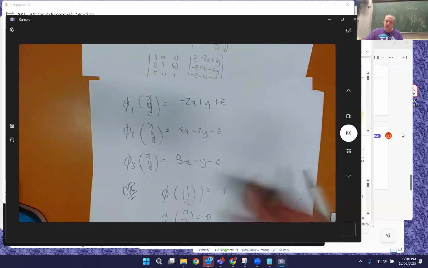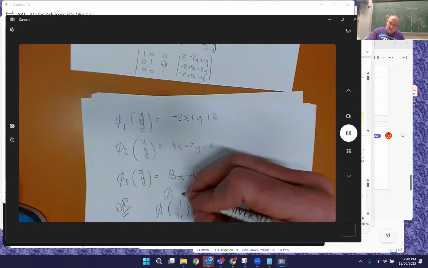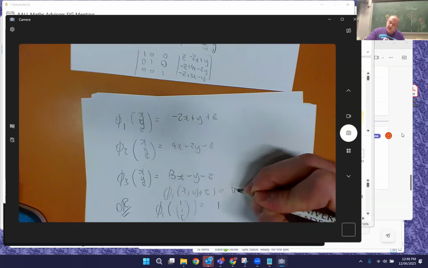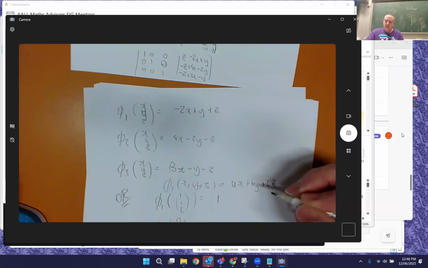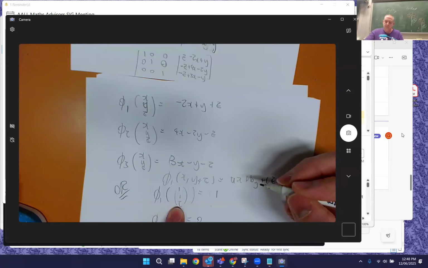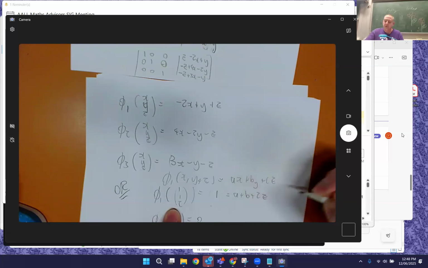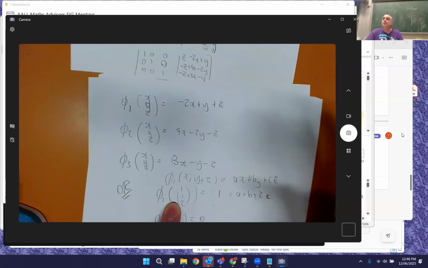So if phi 1 of x, y, z was like ax plus by plus cz, then this would be a plus b plus 2c equals 1.